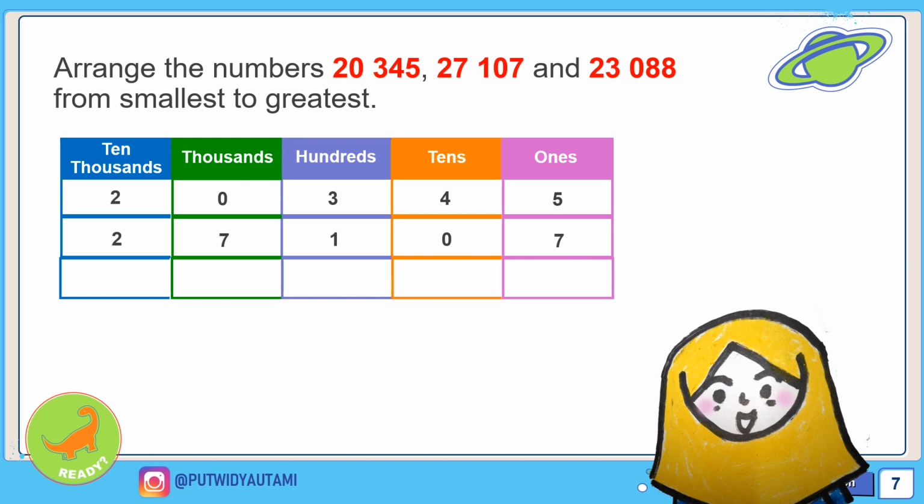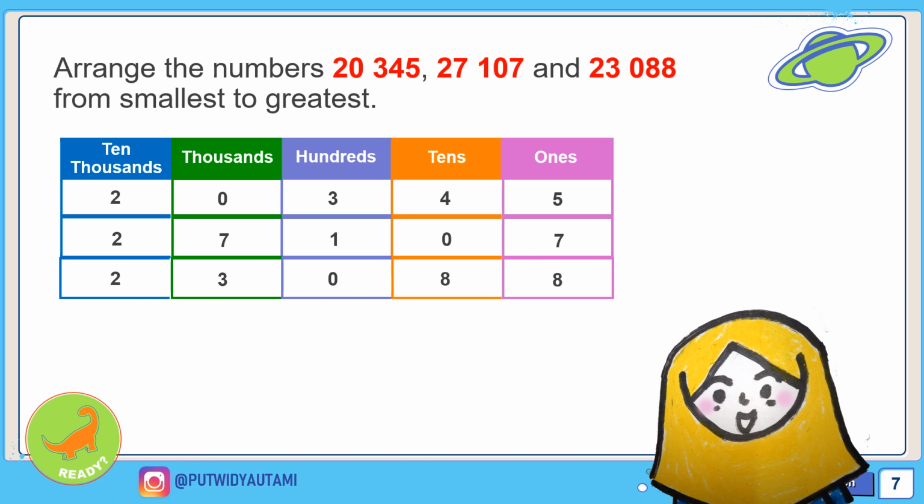Let's move to the next number. In 23,088, what is the digit in 10,000s? 2. What about thousands? 3. What about hundreds? 0. What about tens? 8. What about ones? 8 also.